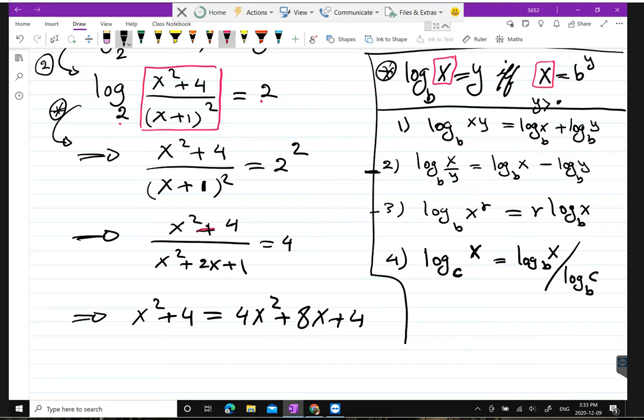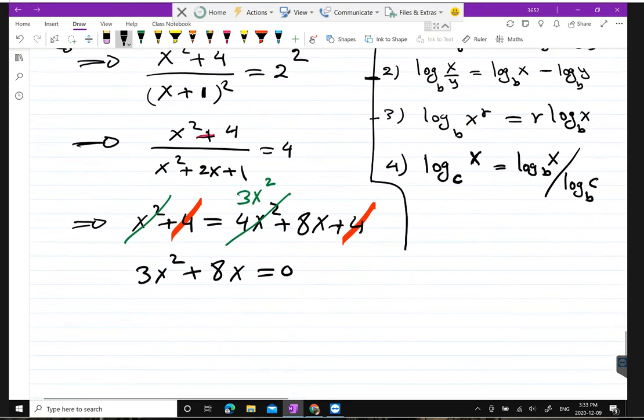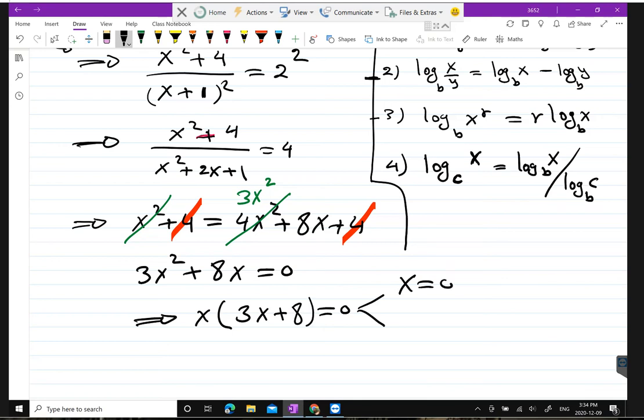Now you can eliminate this 4 from both sides, and then the x squared also will make this one 3x squared. If you put everything on one side, then you have 3x squared plus 8x equal to 0, and therefore you will get x times 3x plus 8 equal to 0. Then you will get two answers here, x equals 0 and x equals minus 8 over 3.